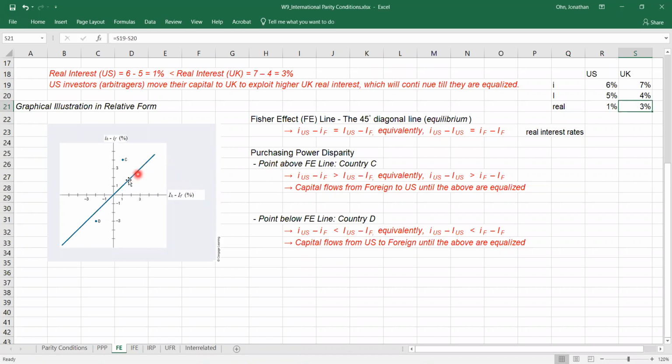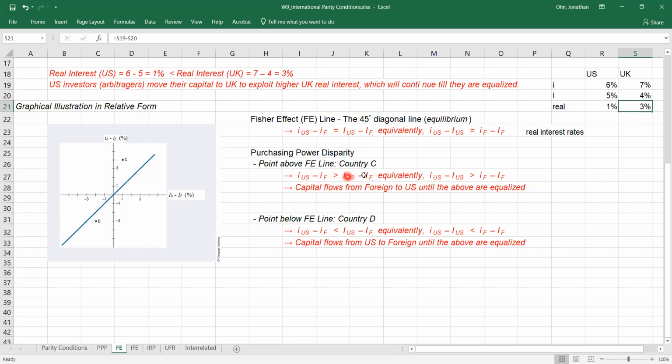Now, if any point is above this Fisher effect line, like in country C there, that means here the relative interest rate is higher than relative inflation.